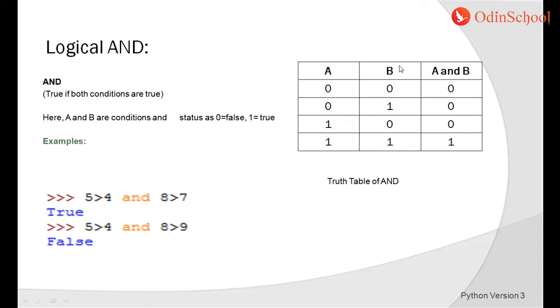If both the conditions are true, then it returns a true value. Here you can see, this is the example. 5 is greater than 4, yes, it's true. And 8 is greater than 7, yes, it's true. So both are true. So it returns the 1 1 value, and the result is 1. So it gives true.